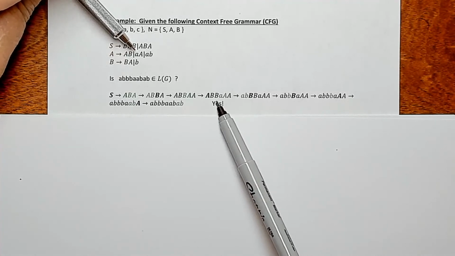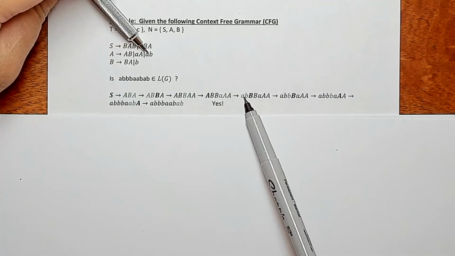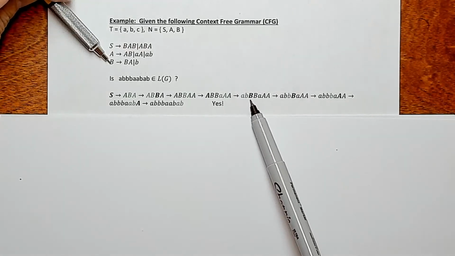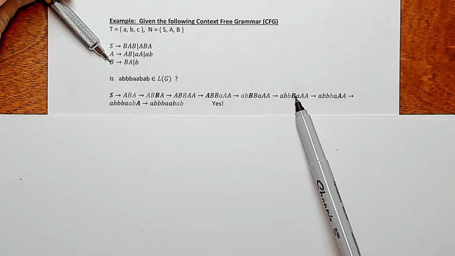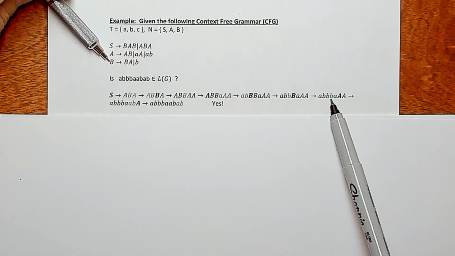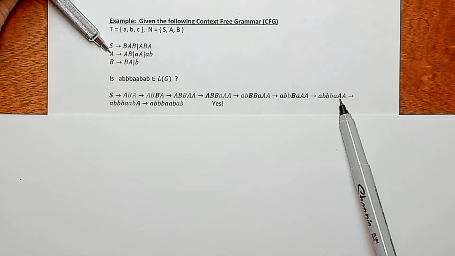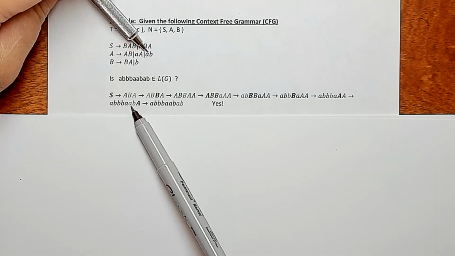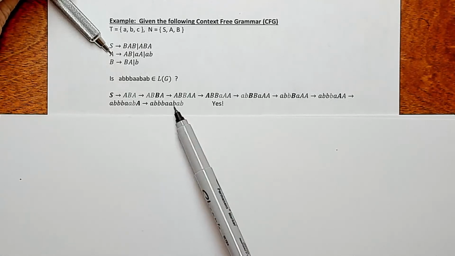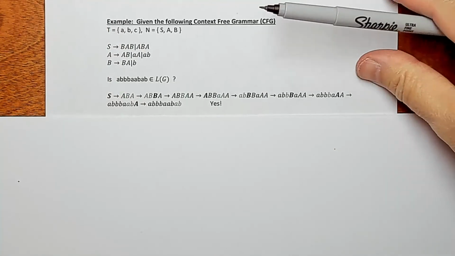Then I'm doing this big A here to AB here. Then I'm doing this big B to little b here. Then I'm doing this big B to another little b, and I'm doing this big A to AB, then I'm doing this big A to AB. So yeah, fun. One more time.